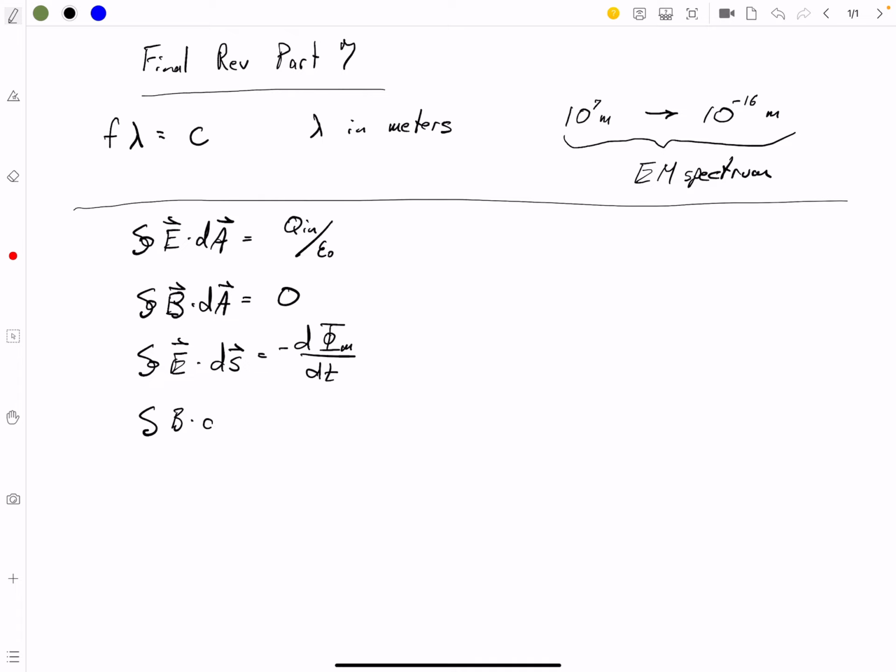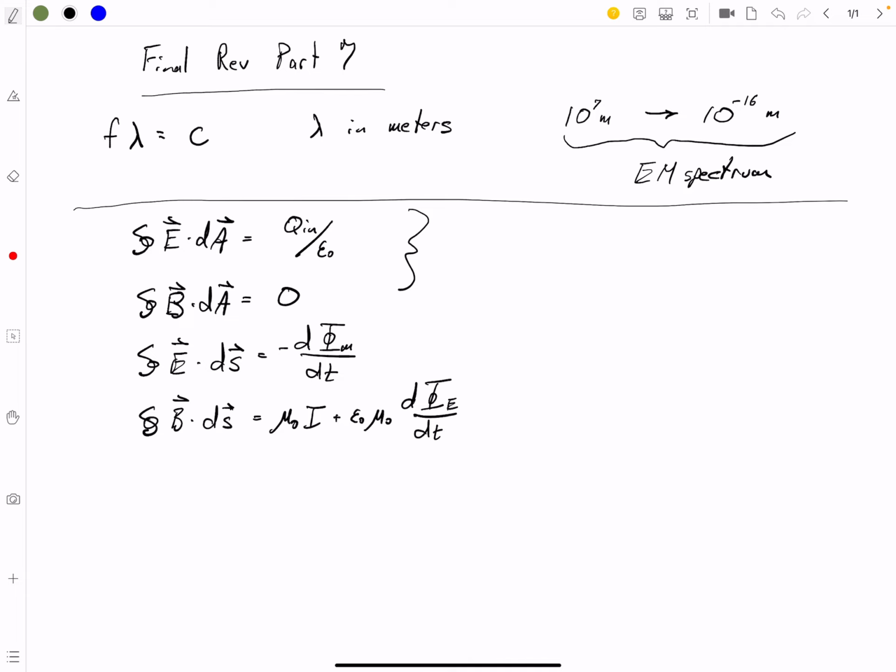And I almost wrote something wrong. So that change in magnetic flux with respect to time is also a way, another way to generate our B field. So these are the three laws.